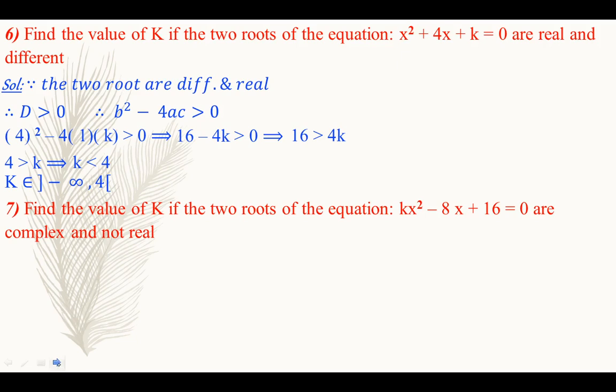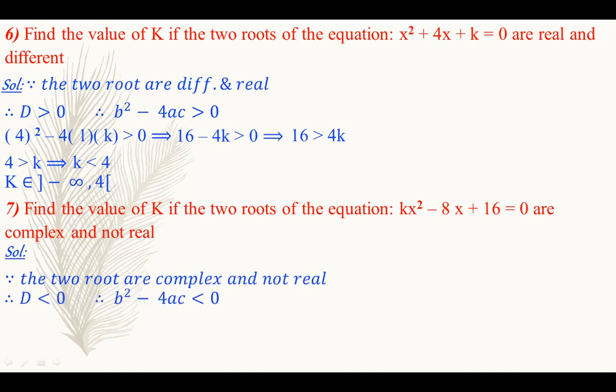Okay. Solution. The two roots are complex and not real. The discriminant smaller than 0. That is to say that b power 2 minus 4ac smaller than 0. Okay? Here you have a equals k, b equals negative 8, c equals 16. Substitute b power 2, negative 8 power 2, minus 4 multiplied by a equals k, c is the free term which is equal to 16.